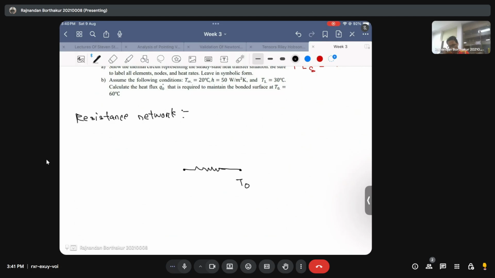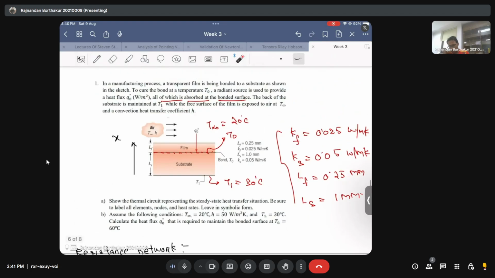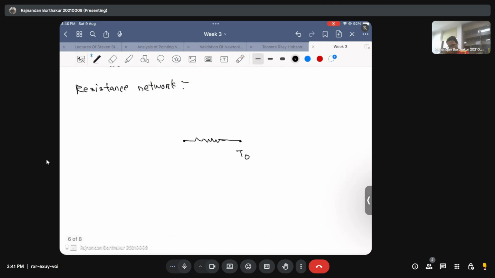And remember, when this goes, it will encounter a conduction resistance because of the stationary film. We will call it R_th conduction F, which denotes the film, and for simplicity we will call it RF, the conduction resistance of the film.